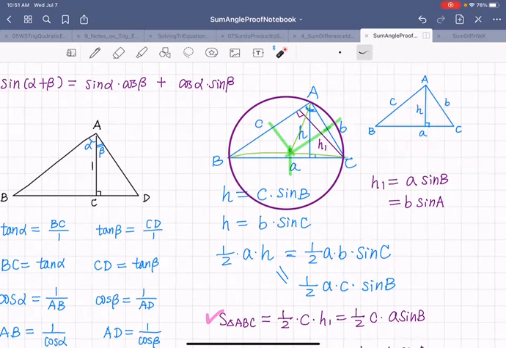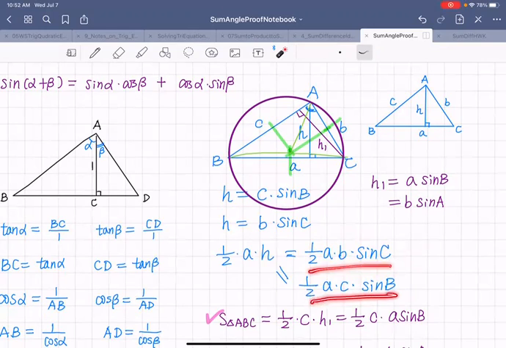Okay, so H can be represented by B times sine C, and H can also be represented by C times sine B. So the formula used to be 1/2 times A times H. Now it converts to 1/2 times A times B times sine C, or 1/2 times A times C times sine B. We get these two new formulas.